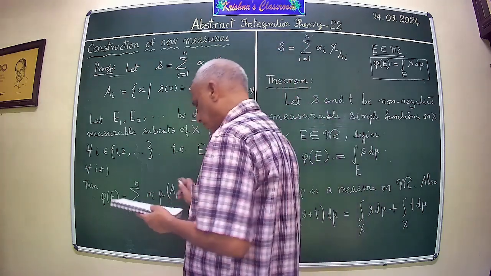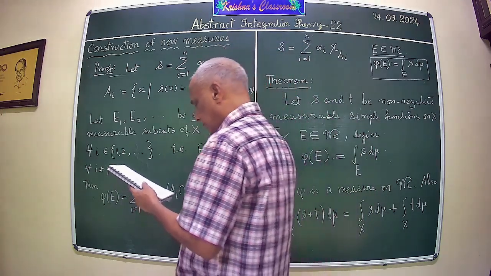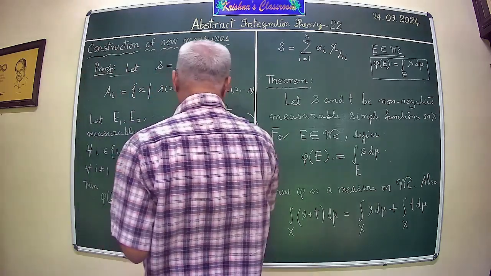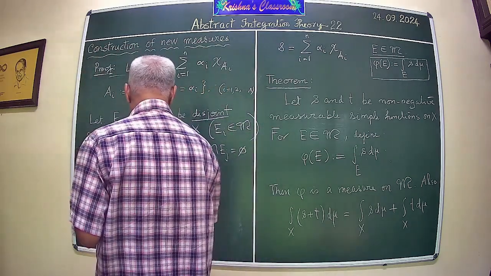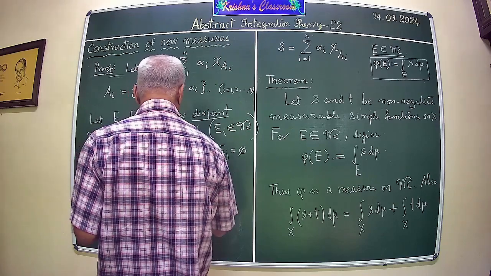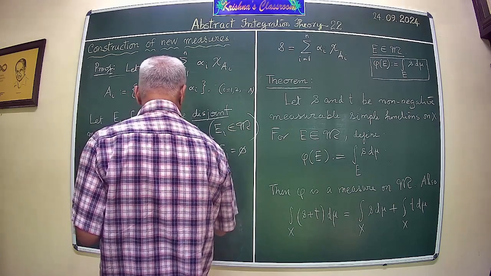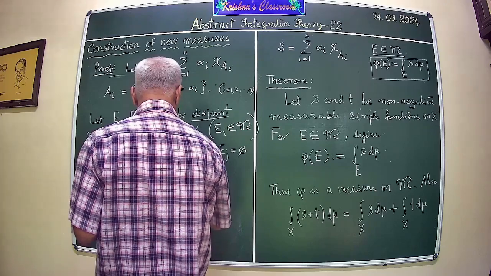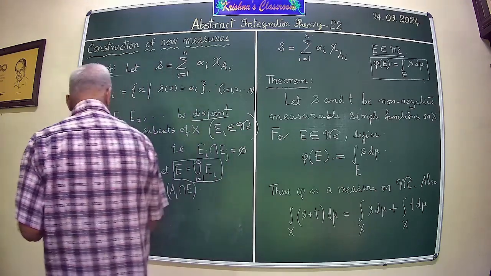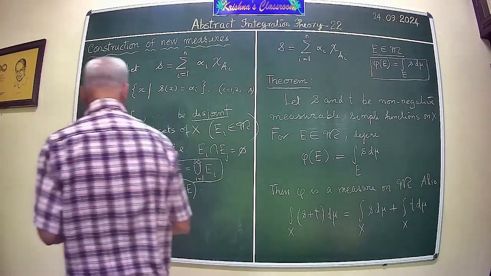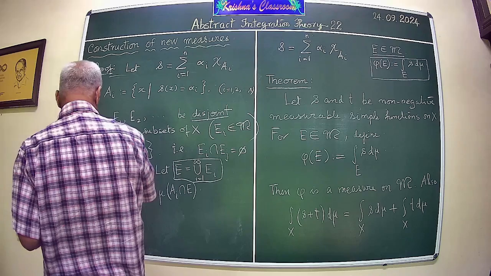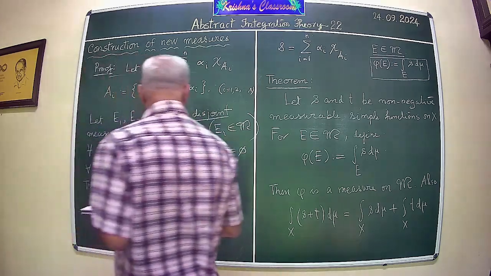Now we further define this. Let E be equal to the union of E_r. Then phi of E, you have this result, and this being the union of E_r which are mutually disjoint.